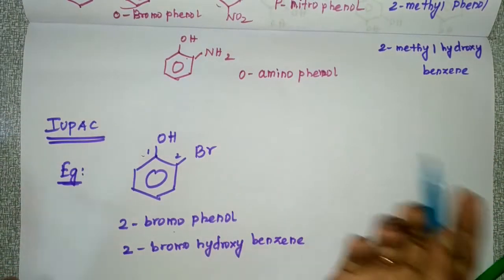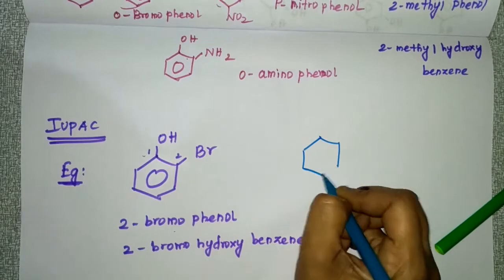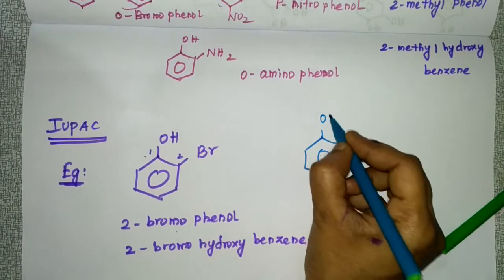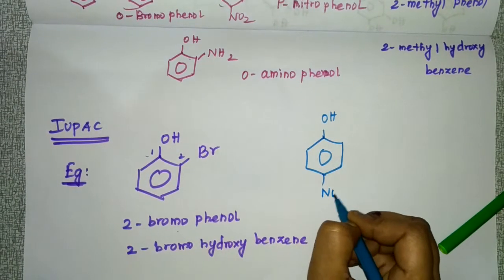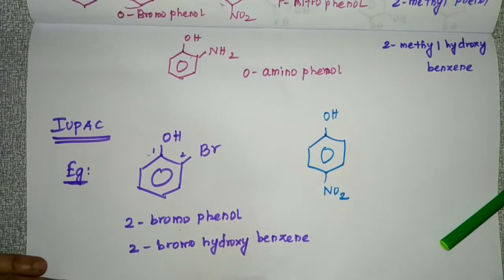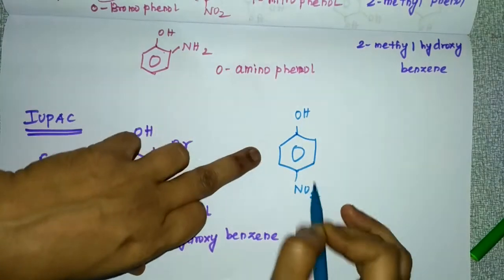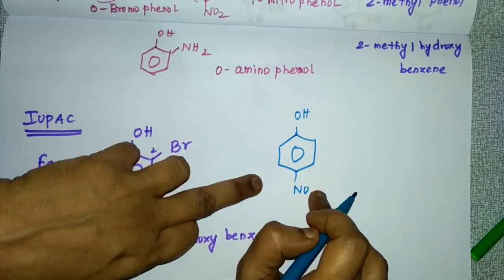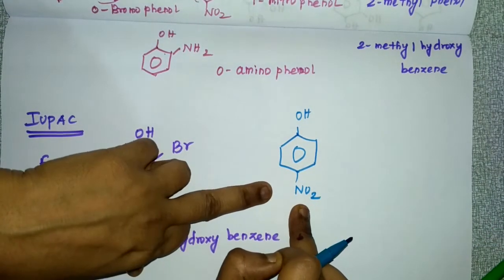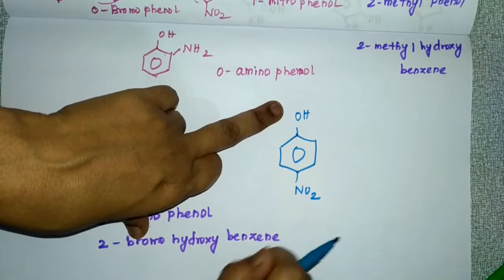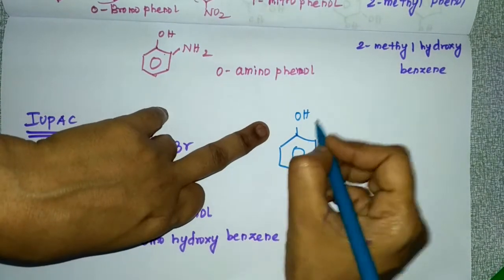And I'll give you one more example also. So here OH and here I have attached NO2. Okay. So first, which position is OH in? This is a substituent. So before NO2, OH only will be there in the priority table. Okay. So here also the same.